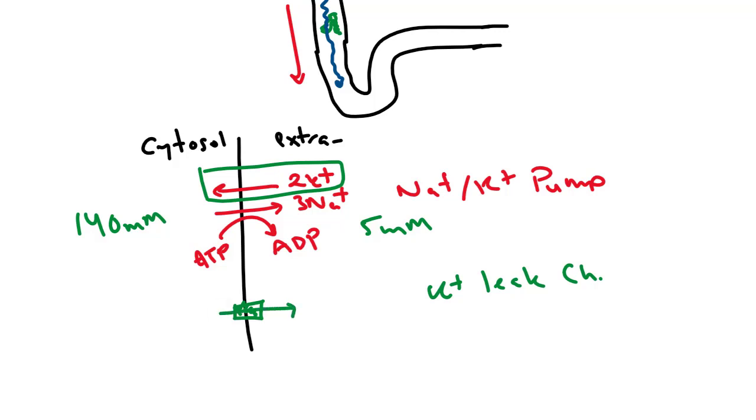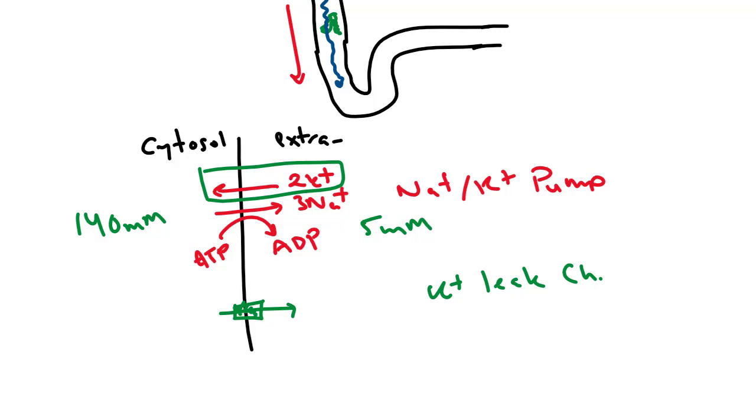So what will happen is if I have a system, an artificial vesicle, where I have a sodium potassium pump on it and I have leak channels, but I have, for example, 100 millimolar of potassium on both sides, the potassium pump will keep bringing in potassium, and eventually what you'll reach is this steady state, 5 millimolar out and 140 millimolar in.